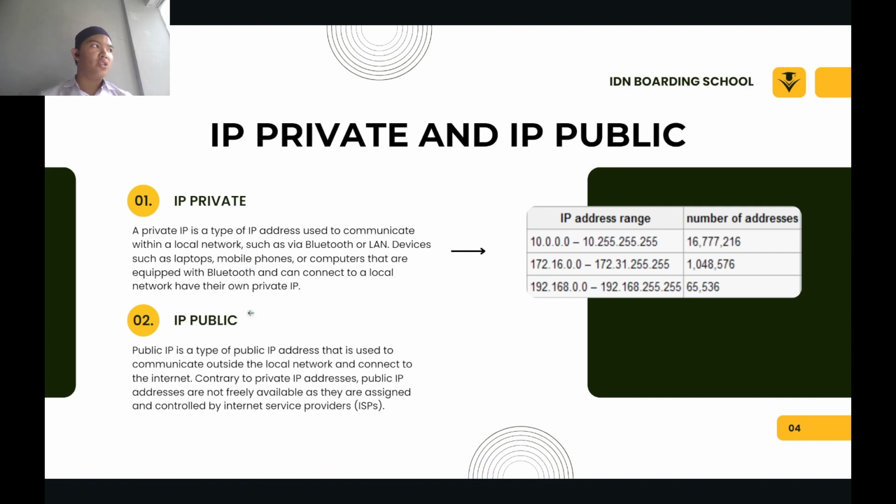So this IP is used for a local area network, like in your company, which uses a LAN network. Devices that have a private IP can access private websites in that company.